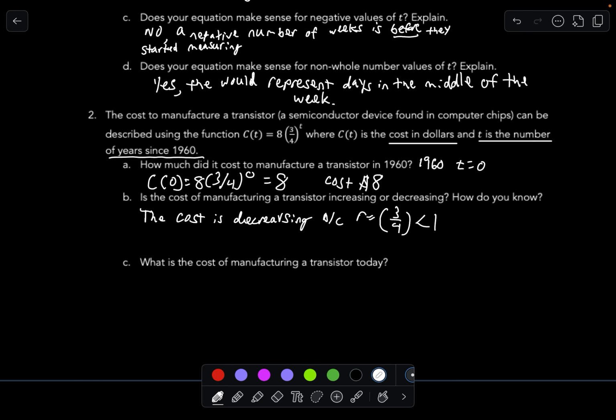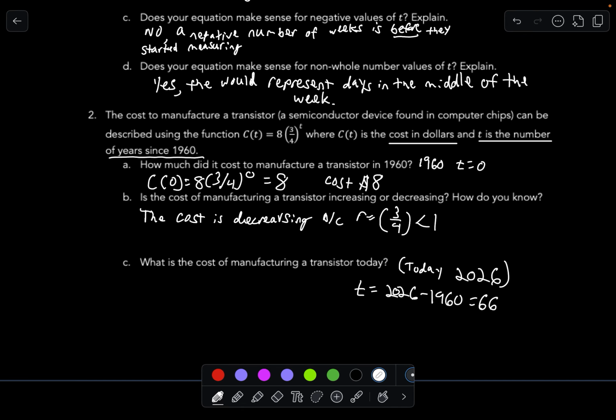Now, what is the cost of manufacturing a transistor today? Today is the year 2026. So t would be 2026 minus 1960, the years since 1960. That's 66.